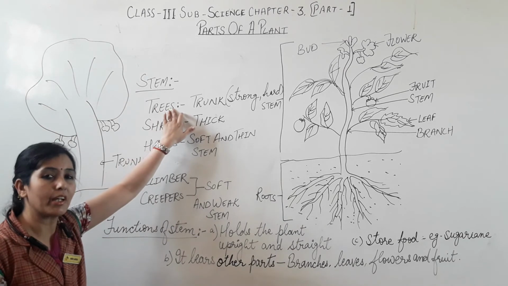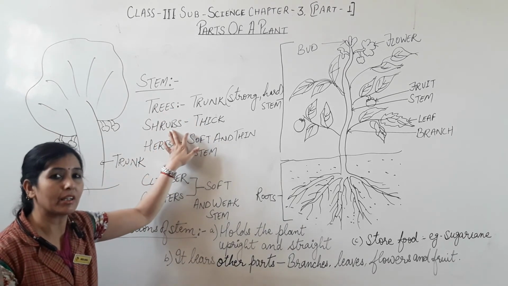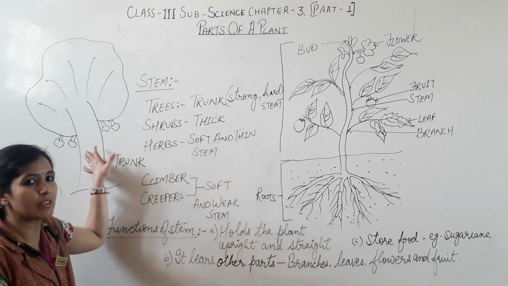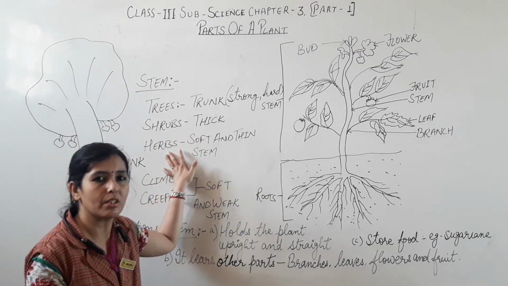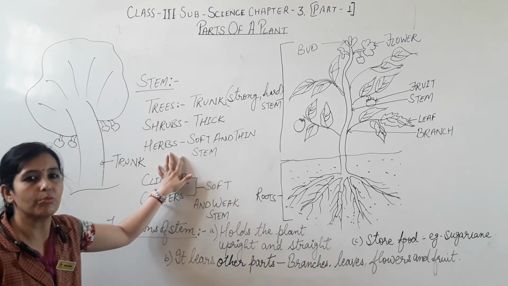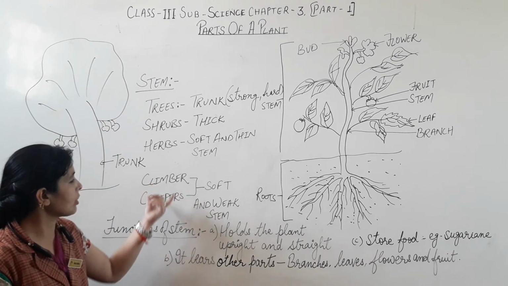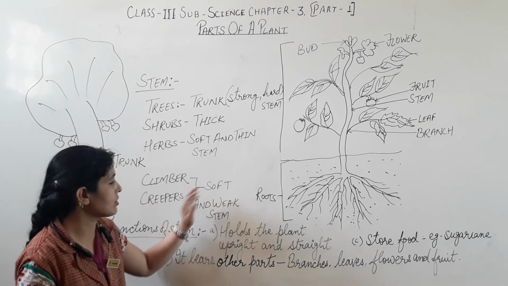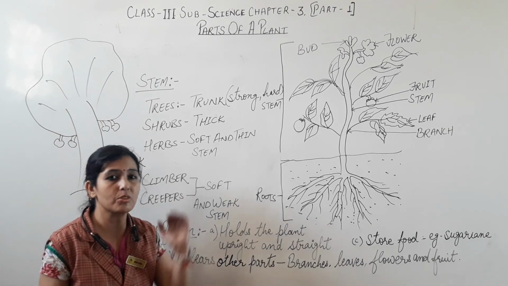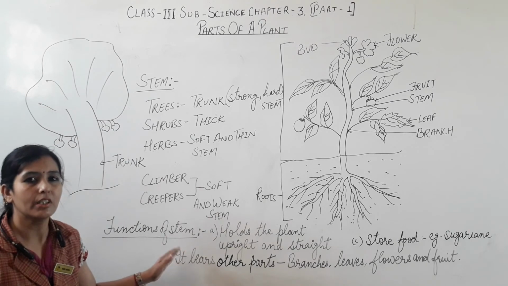Trees have a hard, woody stem, but shrubs are thick and not as woody as trees. Herbs have a very thin stem which can be easily broken by our hand. Climbers and creepers have very soft and weak stems. So we can categorize the different types of plants on the basis of the stem.